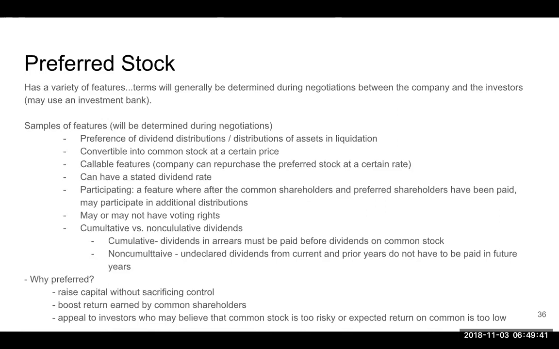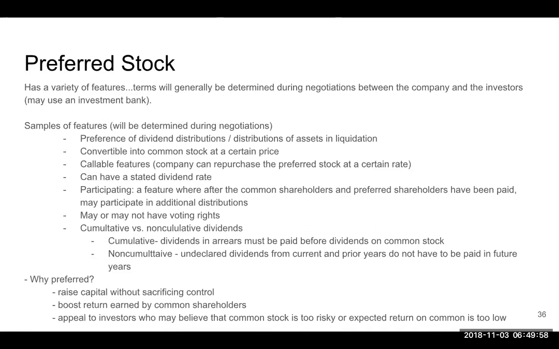So here we've got cumulative versus non-cumulative dividends. What does that mean? If the dividend on a preferred share is cumulative, that is going to be carrying over. It doesn't mean that dividends are going to be forced to be paid.